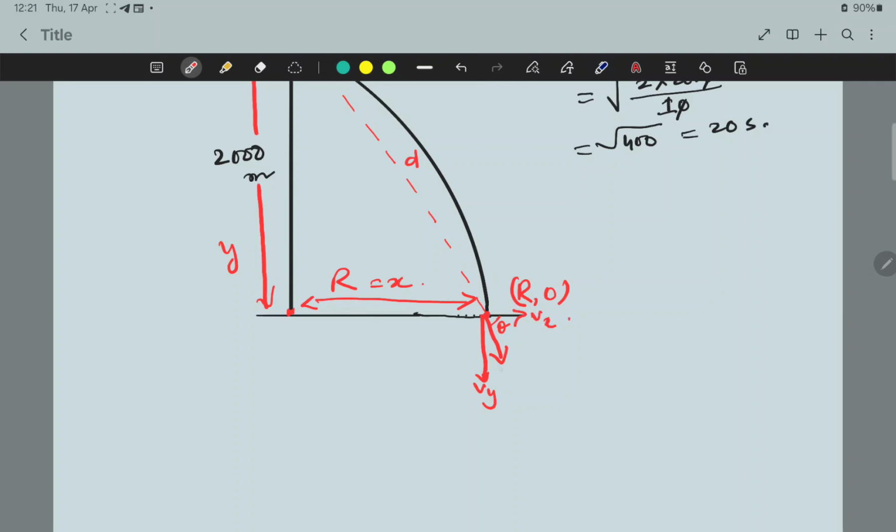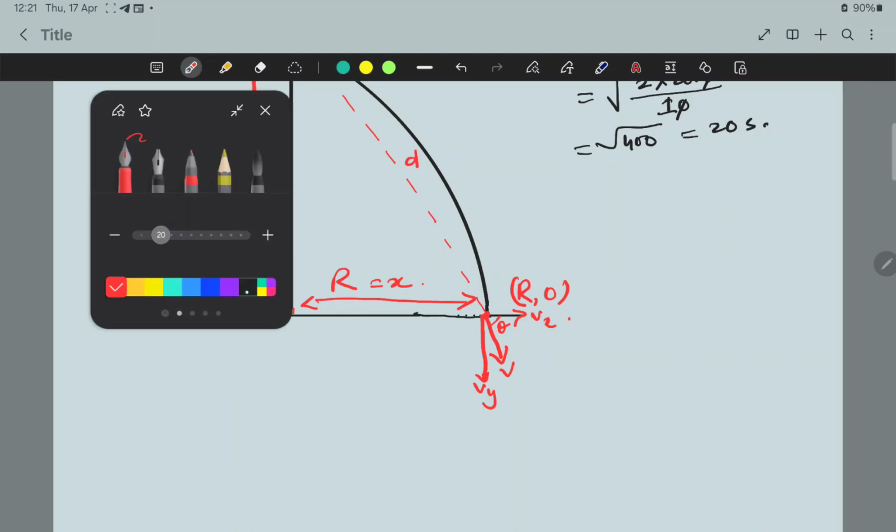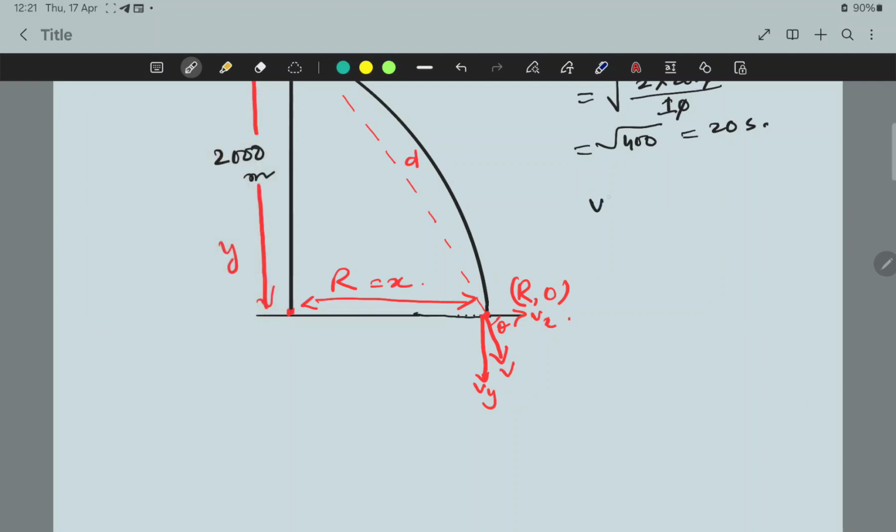So V will be the resultant of Vx and Vy components. So let's find that. So V will be given by root over of Vx square plus Vy square.